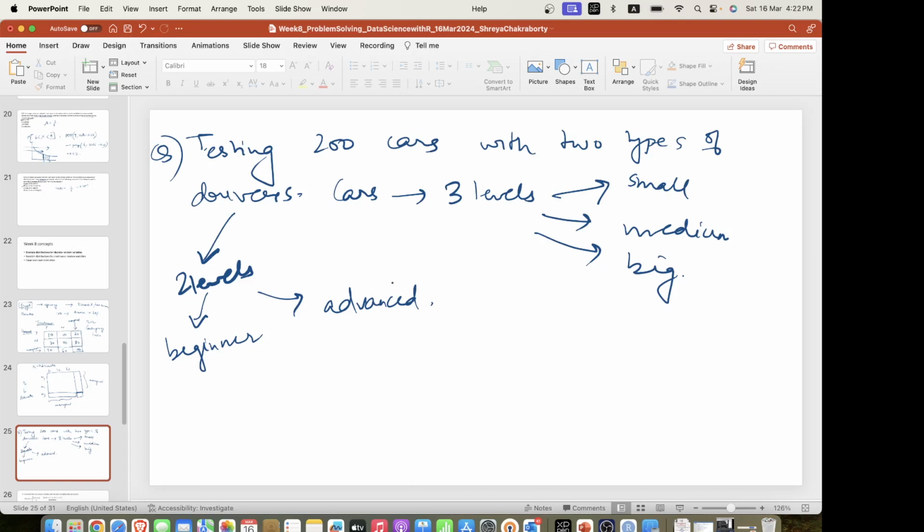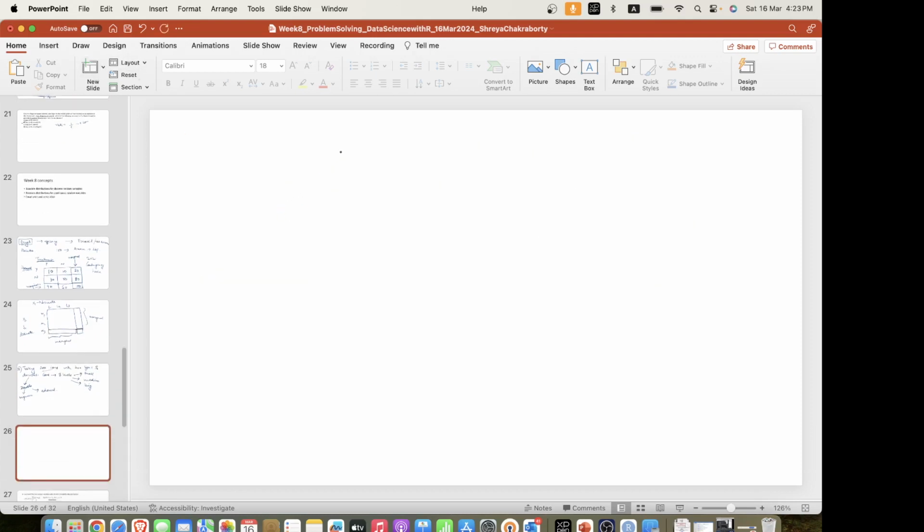Okay, so what I am going to do is that I am testing 200 cars with these things. So the contingency table that I have, let's say here I am looking at the driver experience.